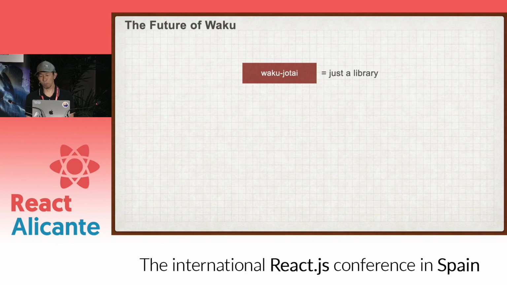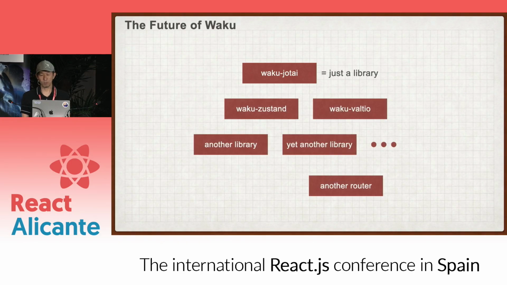Again, the important point is that this library is not part of the framework. It's just a separate library. This means Waku provides sufficient APIs to implement such functionality. This is key to our vision. Waku exposes APIs so library authors can build an ecosystem.